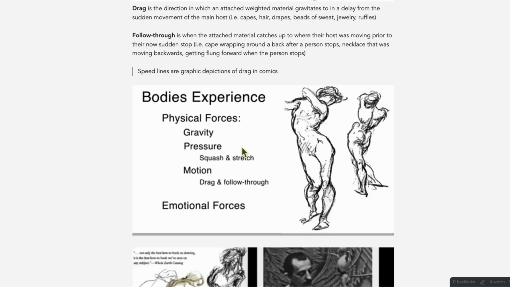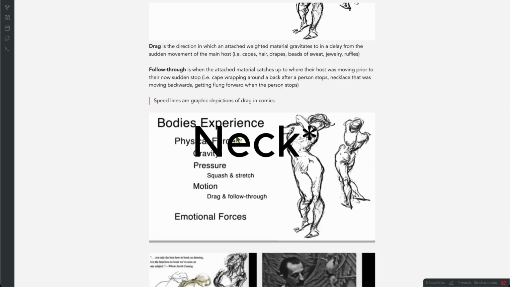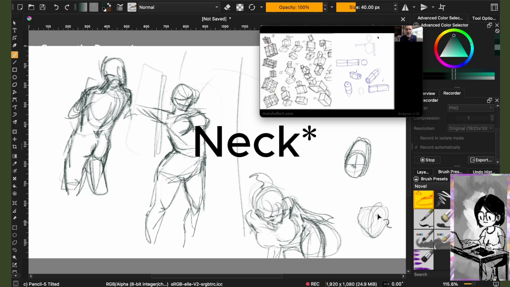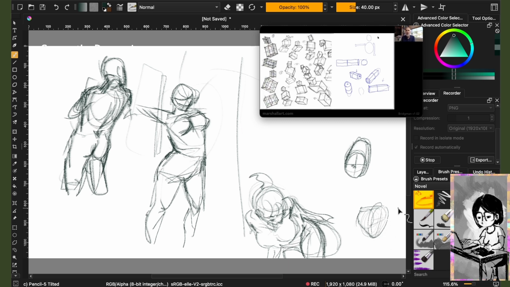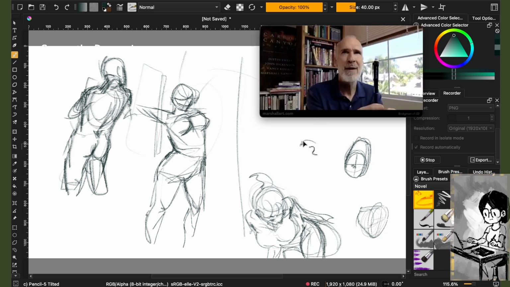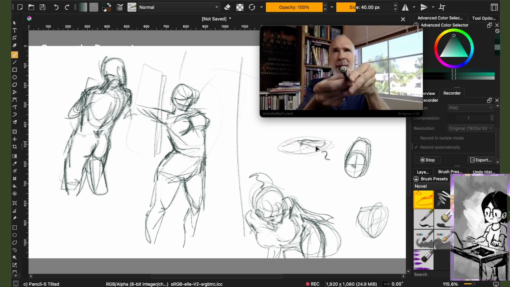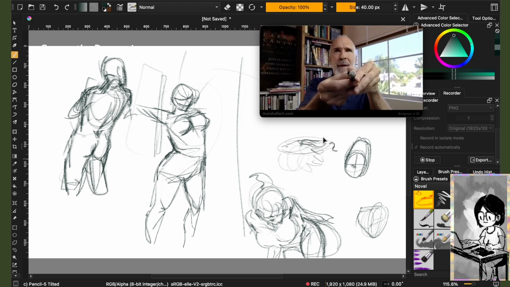Like you're drawing a Roadrunner with a long neck, and his neck drags backwards when he's running, but when he stops, his leg juts forward before being elastic and going back to normal. That part where he stops and his leg juts forward is follow through. So drag is the delay, and follow through is when it continues moving even when the main body has stopped, and then it stops after a delay. So that's drag and follow through.